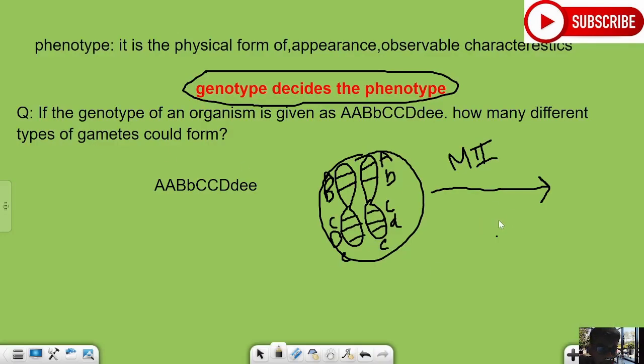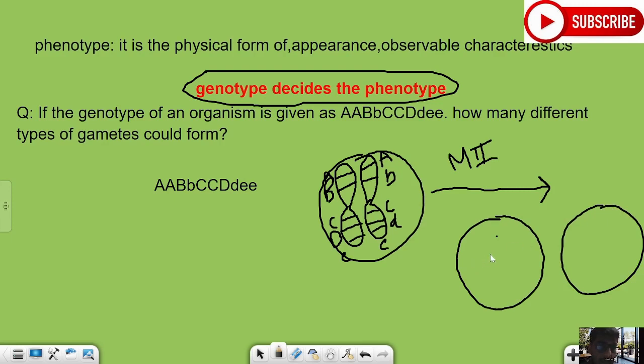After meiosis, the cell will be divided into 2 and the chromosomes will be separated.